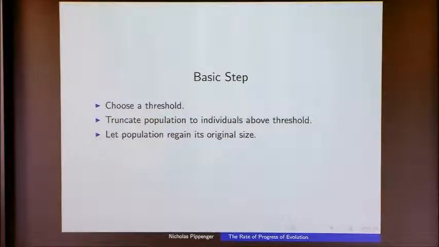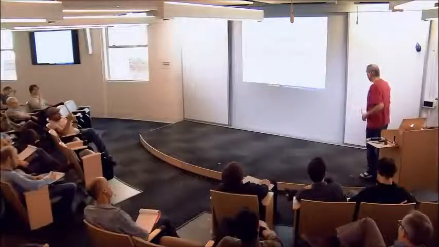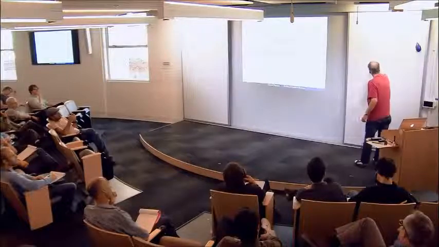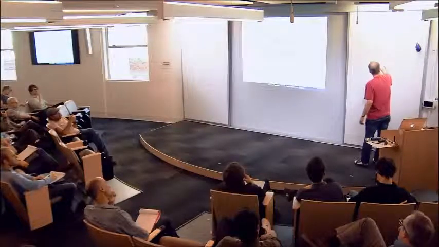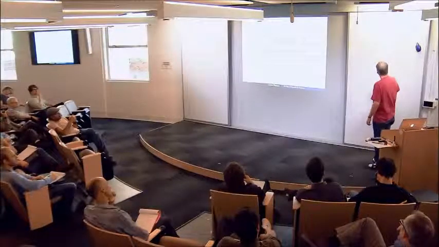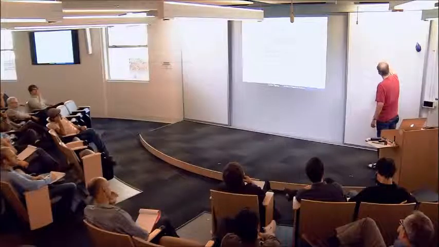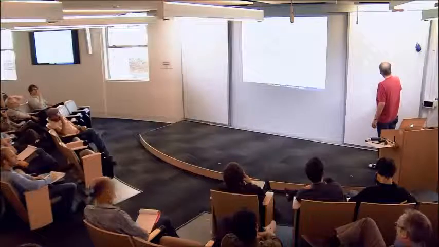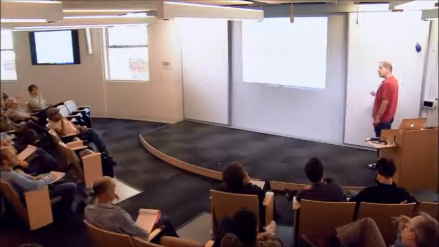So, for example, at the outset, initially, if everything is completely random, you have a binomial distribution. It looks like a normal, and so you could say I'll only breed those that are above average.